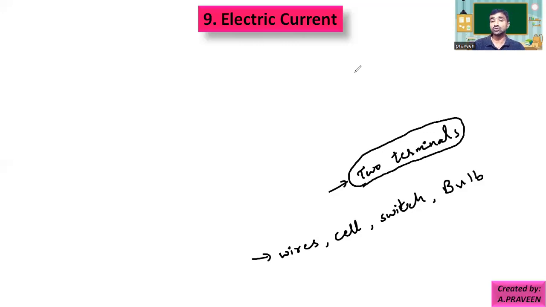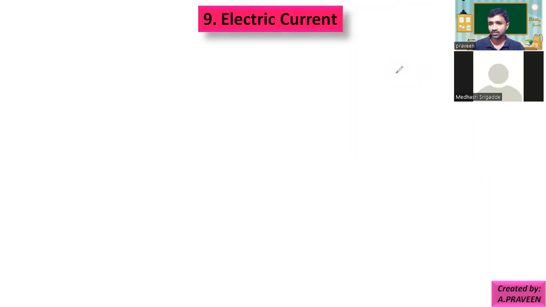By closing it, you are giving a complete path for the flow of current. So that which allows the current to pass through by closing, we call it a circuit. Have you got an idea about a circuit here?